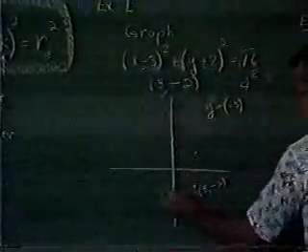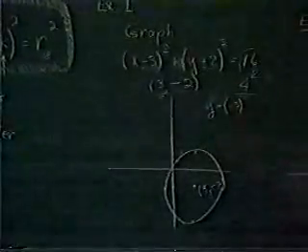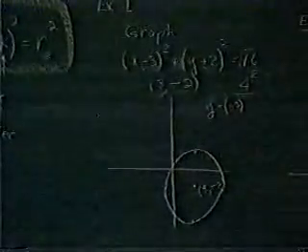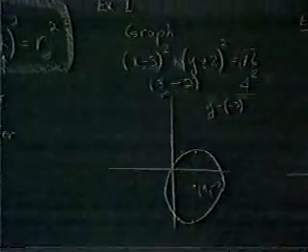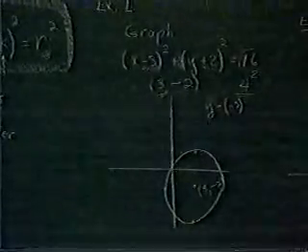So if I come up here 4, go over here 4, go down 4, and over here 4, then I get the circle whose center is at 3, minus 2, and whose radius is 4. Okay, that's all there is to graphing.